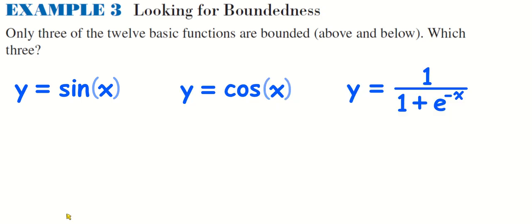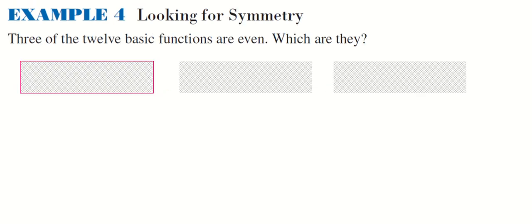Those are the 3 that are bounded both above and below, so we just say bounded. See, I told you for this one. This confirms it, that there is a horizontal asymptote at the bottom of this graph kind of thing.